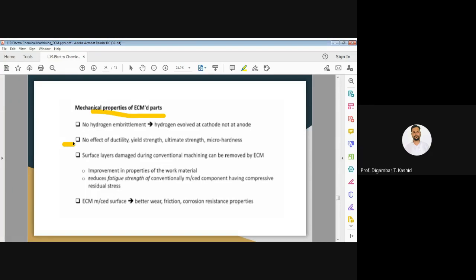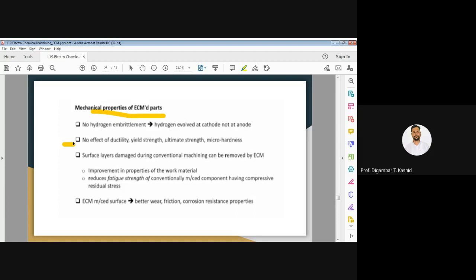Whatever compressive residual stresses are generated in conventional machining make your outer layer very hard. So the damaged outer layer from conventional machining can be removed by electrochemical machining.